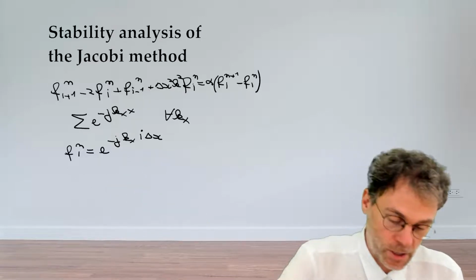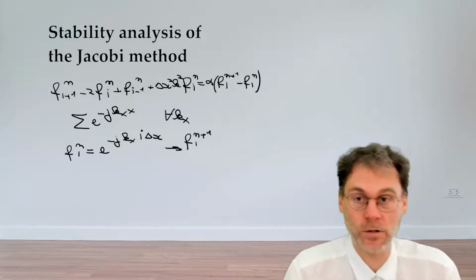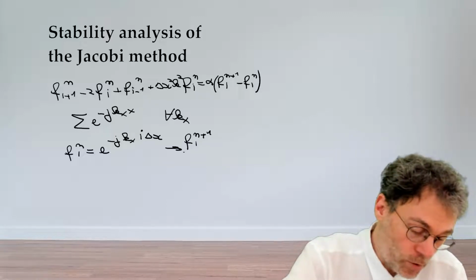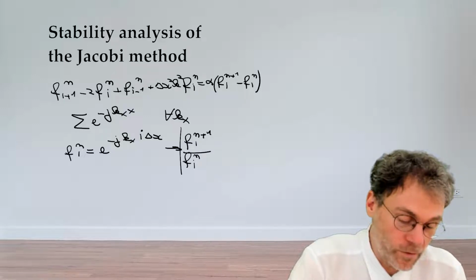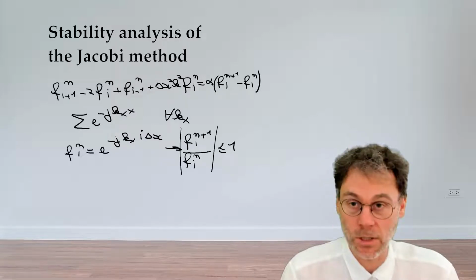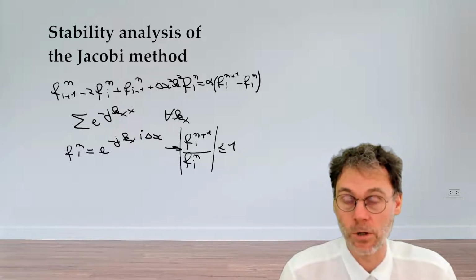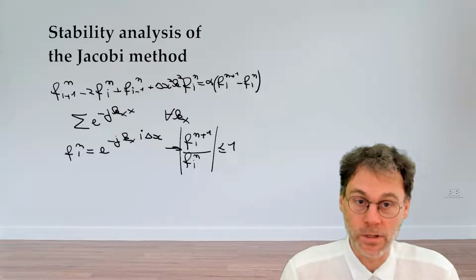And then the question is, what happens if we calculate the next value of the iteration? And more importantly, what happens if you take the ratio between that new value and that old value, that you basically want that this thing stays smaller than 1, otherwise it blows up. So that's the whole thing that we're trying to guarantee here.